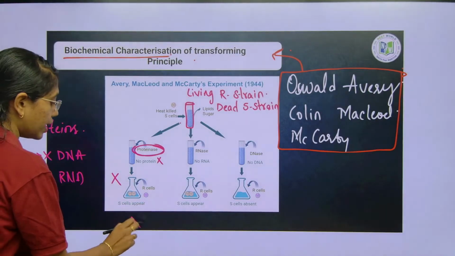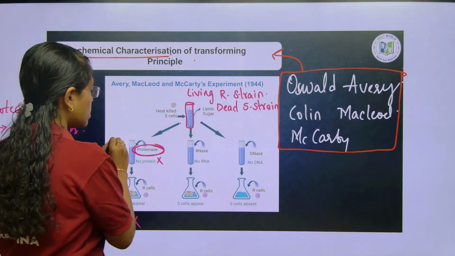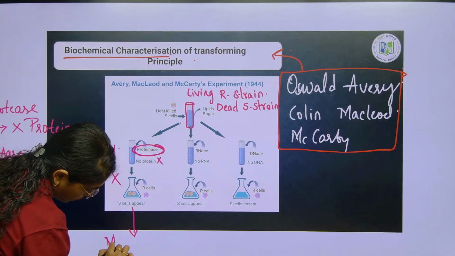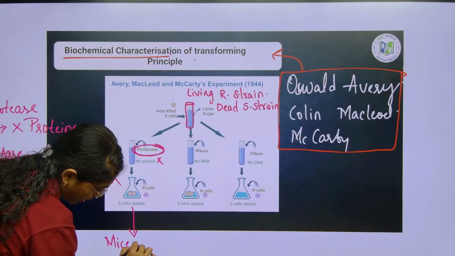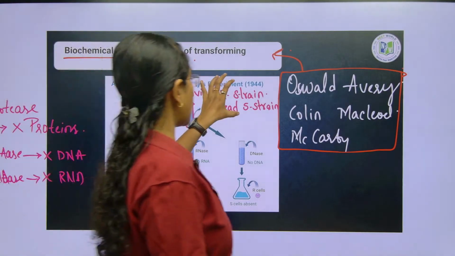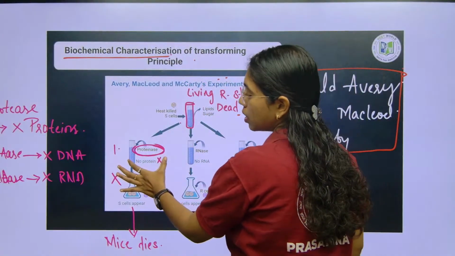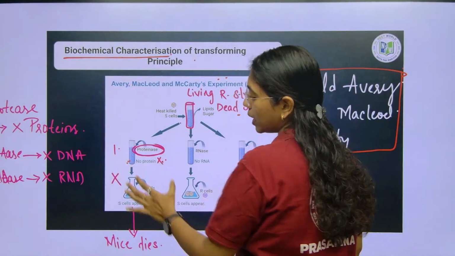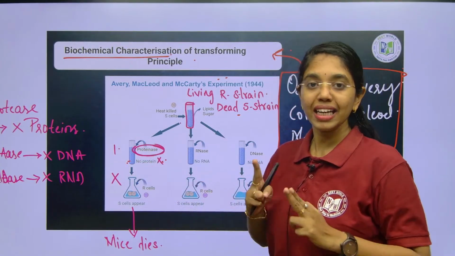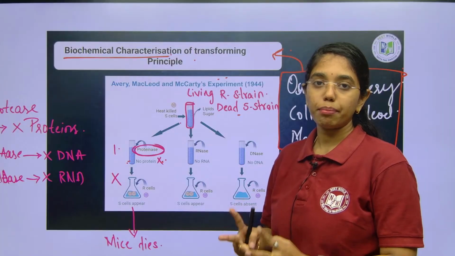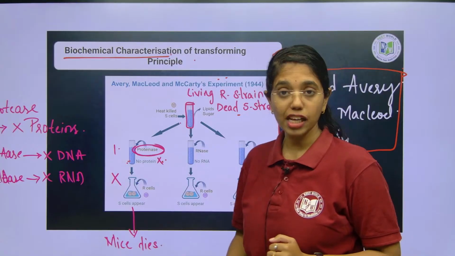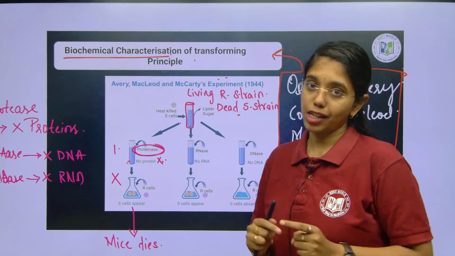In this first phase, the mice die as usual. The proteins are disintegrated, but there is no effect on the transforming principle.